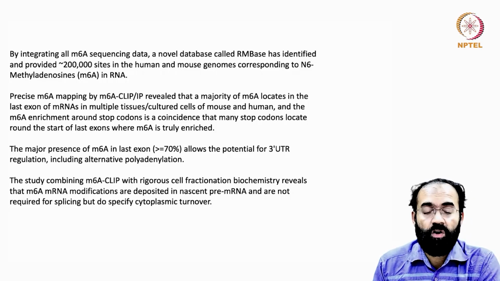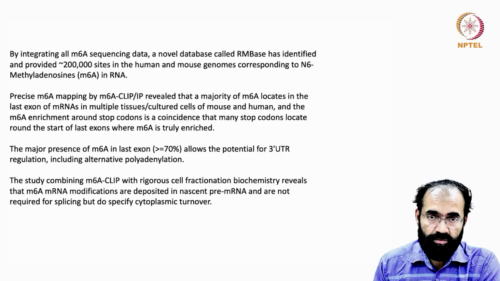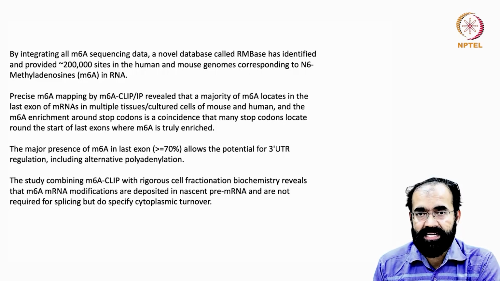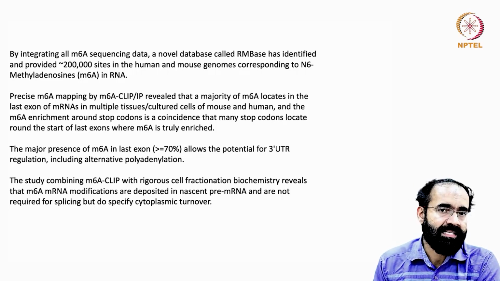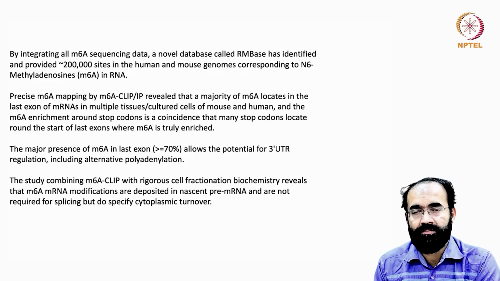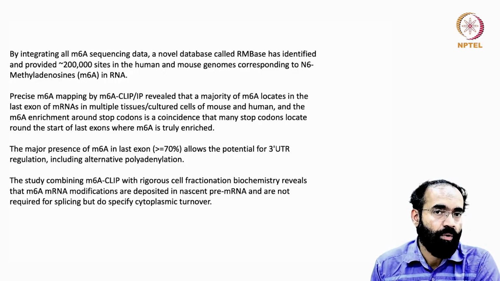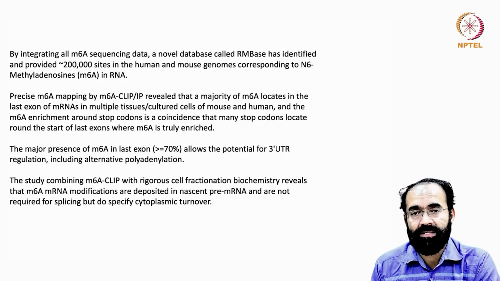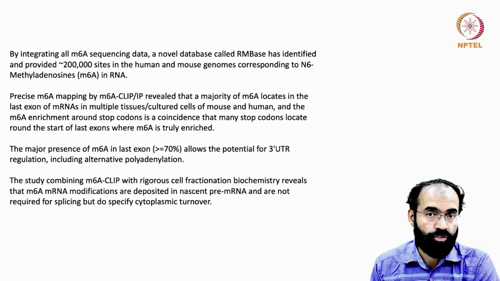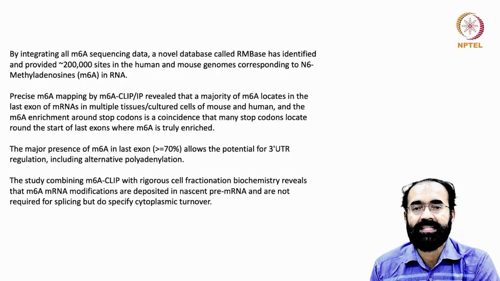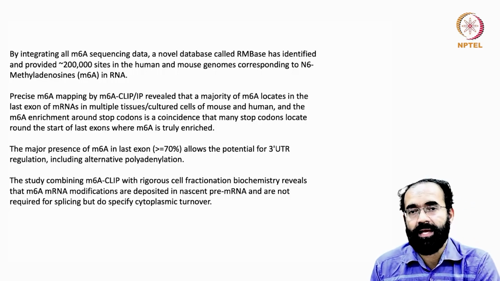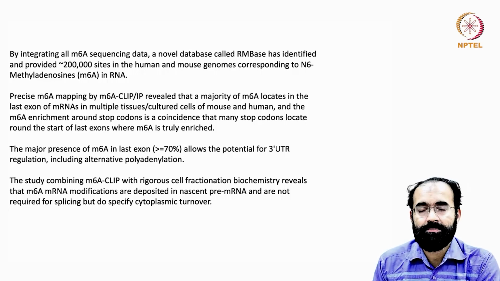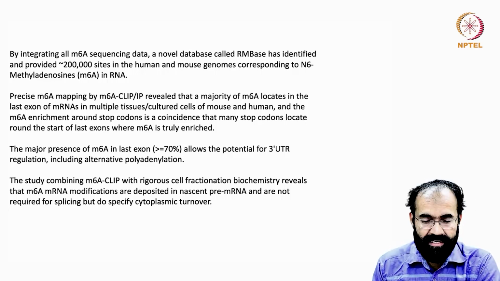The major presence of M6A in the last exon, which is more than 70%, allows the potential for 3' untranslated region regulation, including alternative polyadenylation. We kind of discussed that a given mRNA can have multiple polyadenylation signals, and that will invite or exclude a microRNA binding site. It can also include or exclude a given secondary structure, and sometimes it can also facilitate alternative splicing.